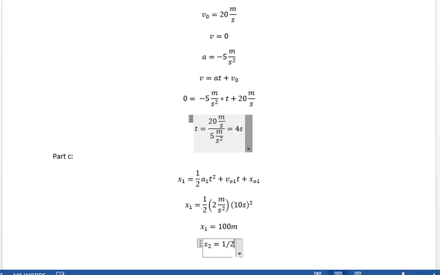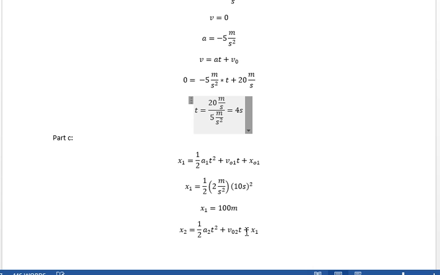x₂ equals ½a₂t² plus v₀₂t plus x₀. We can, in fact, call this x₁, since we're starting from that position. We know how much time it was: 4 seconds.